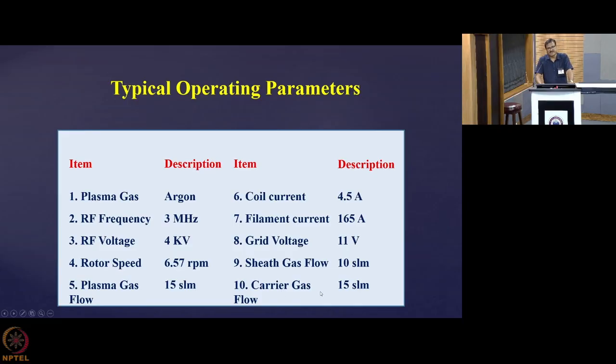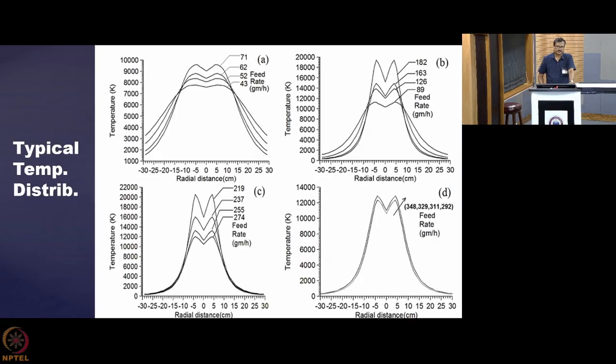This material is usually in micron sized particles. They may be arbitrarily shaped, and when they enter the plasma, they get molten and get sprayed over the substrate which you want to coat.